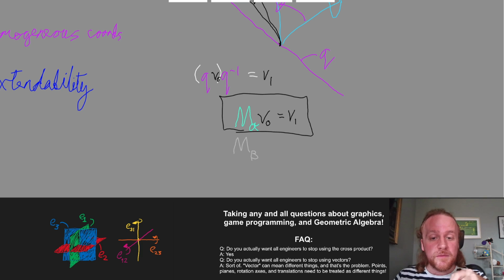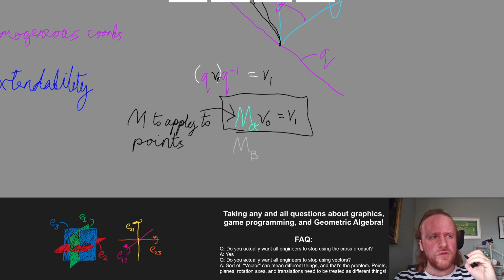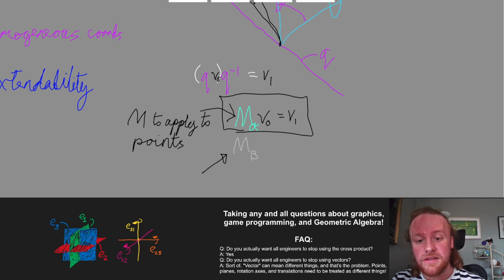These are two different matrices representing the same quaternion, because this one is for M being applied to points, and the technical term for this is the contravariant matrix. And then this matrix you need if you want to apply Q to planes.